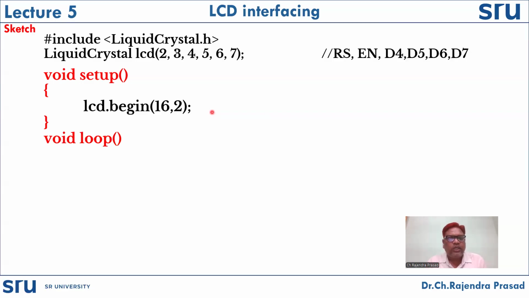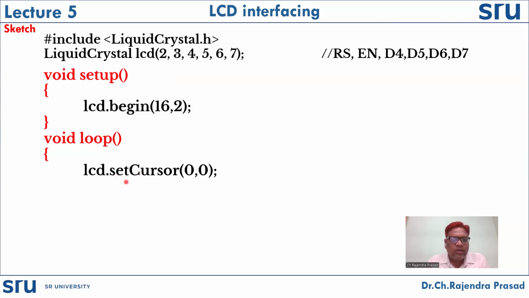We need to send some commands in order to initialize our LCD. Where we need to display in the first line, I am going to display the first message, and in the second line the second message. To select this, we have a predefined command called lcd.setCursor. So I am using lcd.setCursor.